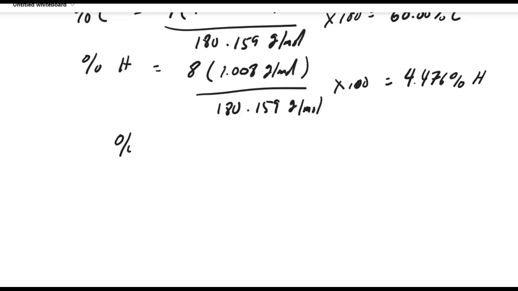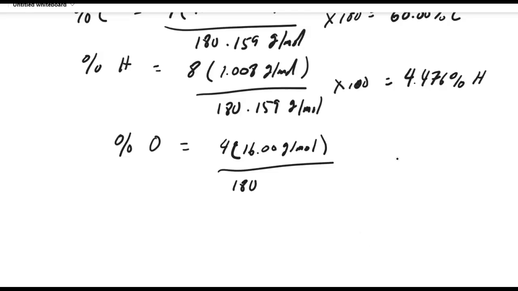And finally, we've got oxygen. The percent oxygen is going to be 4 of them, each one is 16 grams per mole, divided by 180.159 grams per mole, times 100.